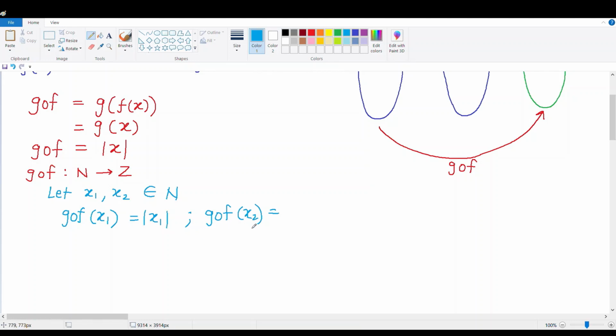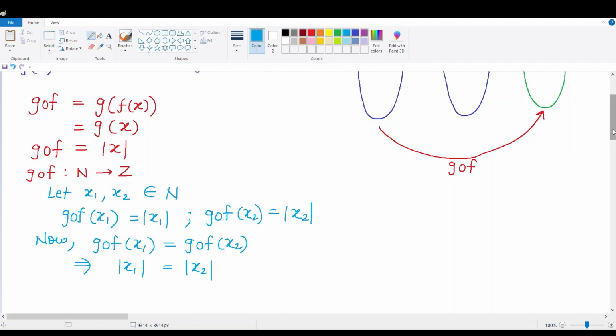Same way g of f of x2 is going to be mod of x2. Now we assume that these are exactly the same. G of f of x1 is equal to g of f of x2, and that implies that mod of x1 is equal to mod of x2, because g of f of x1 was mod of x1 and g of f of x2 was mod of x2.